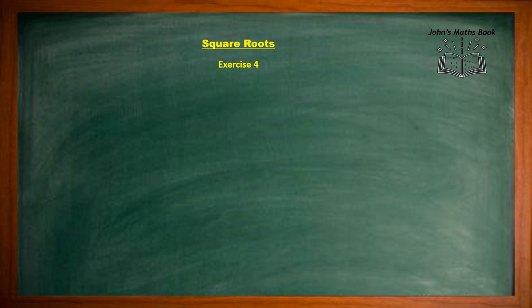So for exercise number 4, let's look at the square root of 48. So pause the video now and see if you can work out the answer. Okay, I hope you all got the answer. The first thing to note is it's not a perfect square, so let's see if we can simplify it. So 48 is the same as 16 times 3, so we can say it's the square root of 16 times 3. We can write this as the square root of 16 multiplied by the square root of 3.